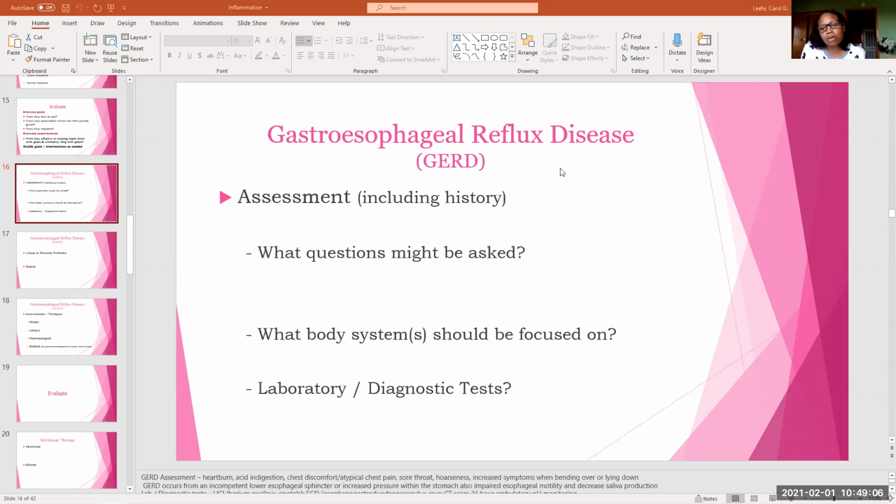Eating close to bedtime, okay, that can precipitate gastroesophageal reflux. If they eat within 2 hours or so of going to bed, they eat and then lie down, that's not a good thing. But risk factors such as obesity actually put pressure on the stomach.